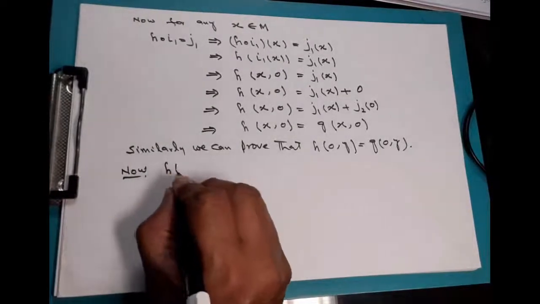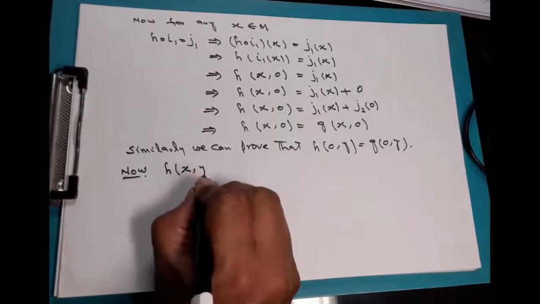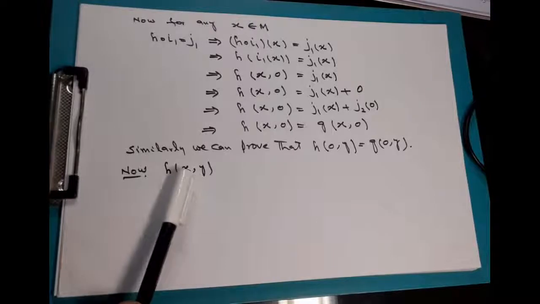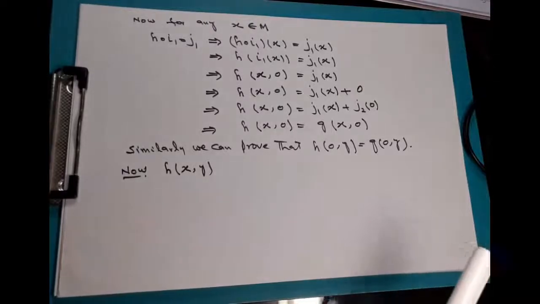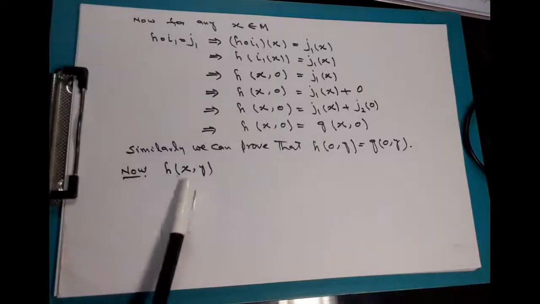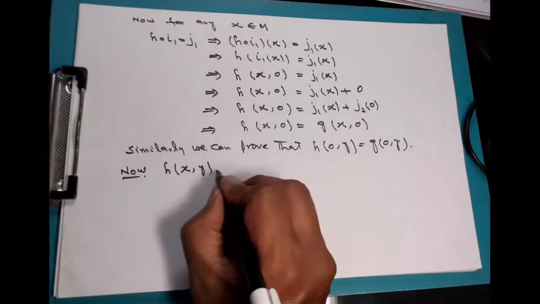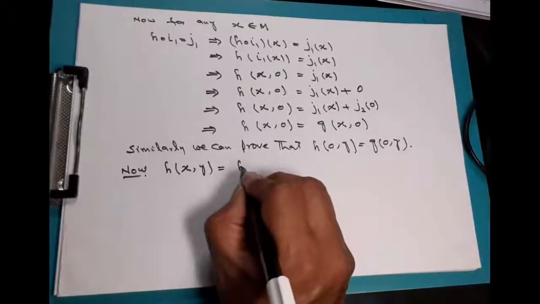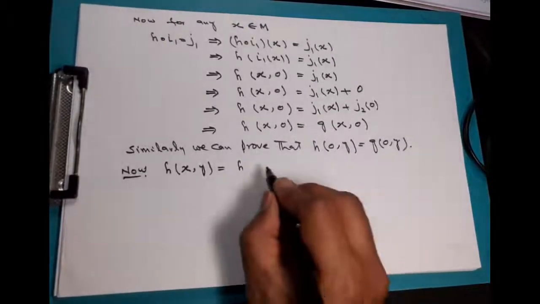Now the effect of h on (x,y), a general element of M plus N. M plus N is just the Cartesian product of M and N. So h(x,y) is equal to the effect of h on (x,y).